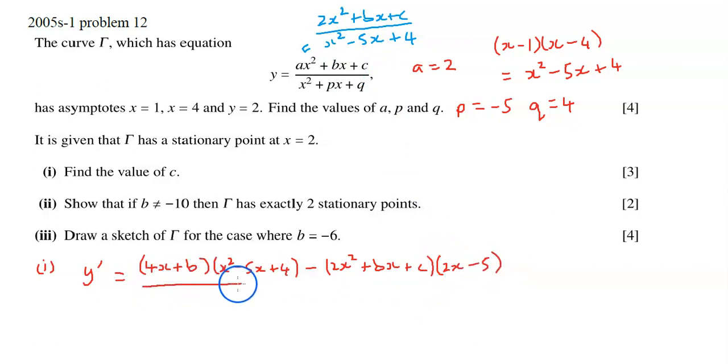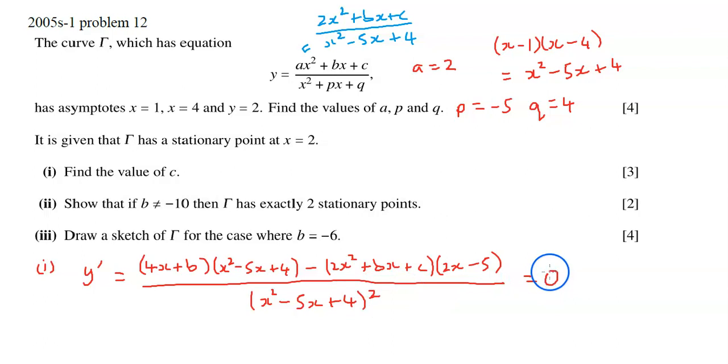And then the whole thing is divided by the one on the bottom squared, (x squared minus 5x plus 4) squared. And then this should be equal to 0 when x is equal to 2.